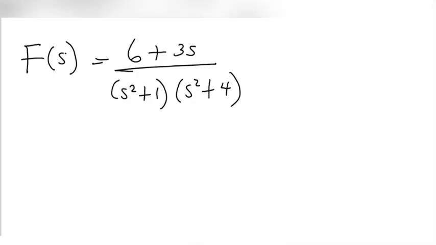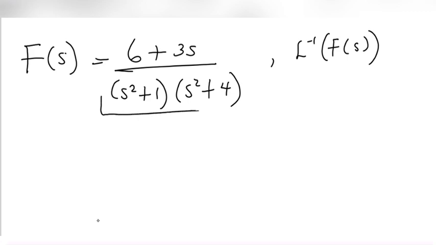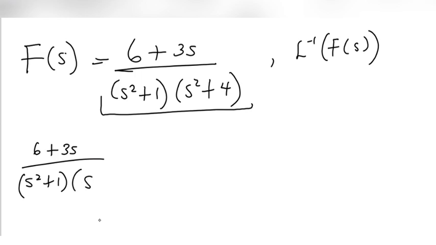If you are given F of s to be this, and we are asked to find the Laplace inverse of F of s, okay, so we pick this term and we try to find the Laplace inverse of this. But first of all, there's something we need to do here. So we have our 6 plus 3s over s squared plus 1 into s squared plus 4.